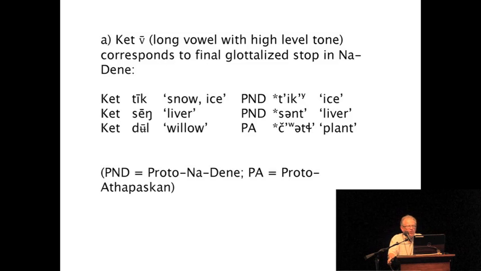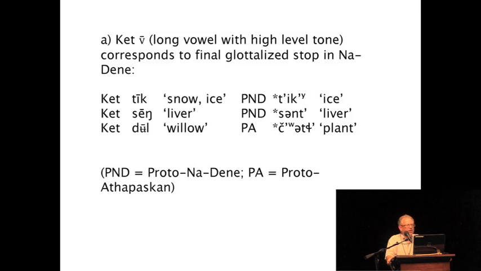We can find regular correspondences. So for instance, where Ket, a Yeniseian language, has a long vowel with a high level tone, so say the word for snow or ice is teak, the word for liver, sing, the word for willow, tul.